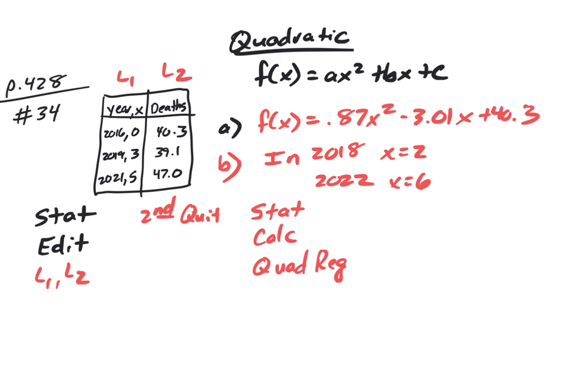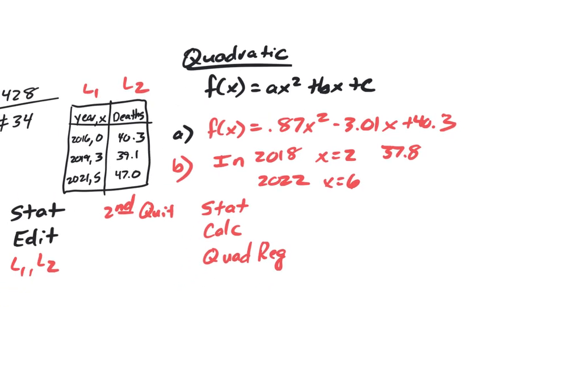But if they ask you how many thousand deaths happen, or if you wanted to write your answer, so for instance, this one, when you plug this one in, you might get like 37.8, but that means 37,800 deaths, just so you understand what it means. Okay. It's not 37.8 deaths. It's a lot more than that. And that's for the whole United States, so quite a few.